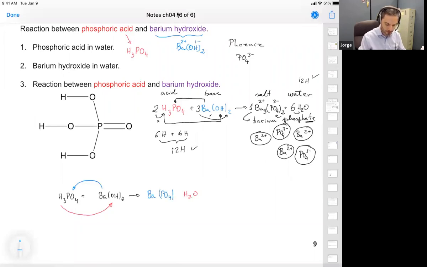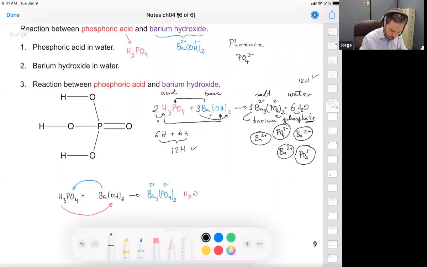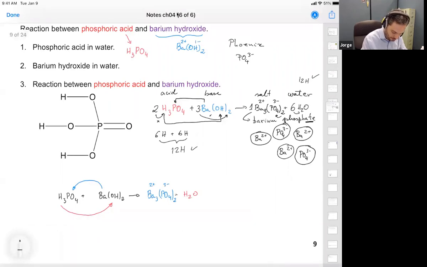Now you have to pay a lot of attention here, because barium is 2 plus and PO4 is 3 minus. You need to remember that. Therefore, you need to cross charges, which means we are going to have 3 bariums for 2 phosphates in the structure of the compound.